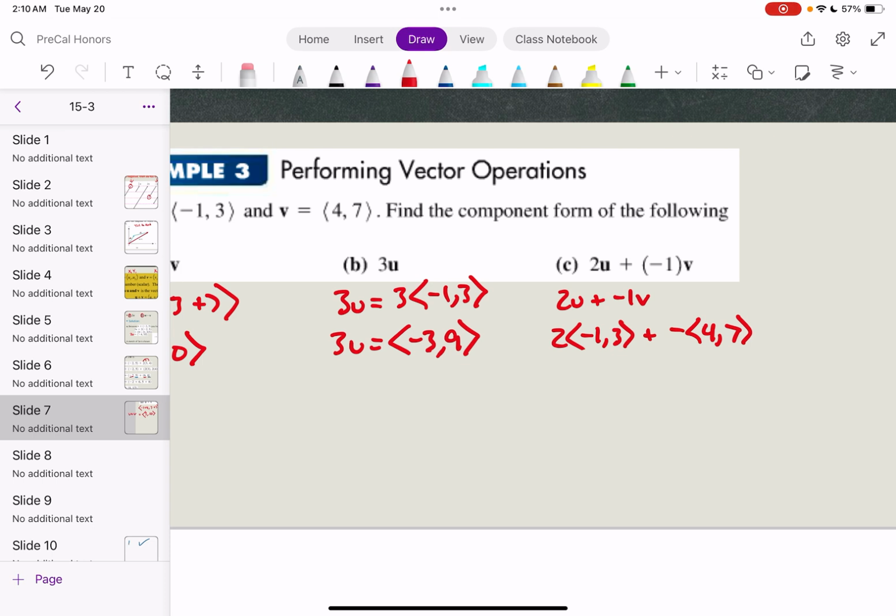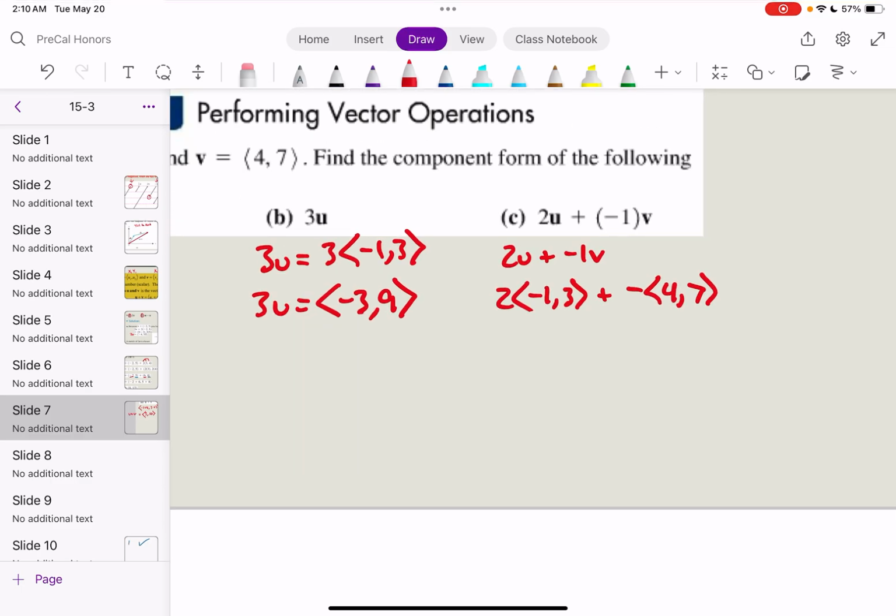First thing that we want to do is multiply that negative into the actual problem itself. And what's going to happen is we are going to end up with -2, 6 as our first vector, plus a -4, -7.